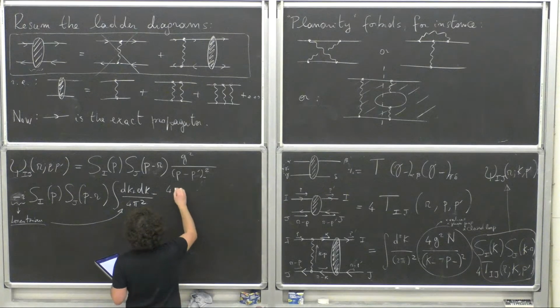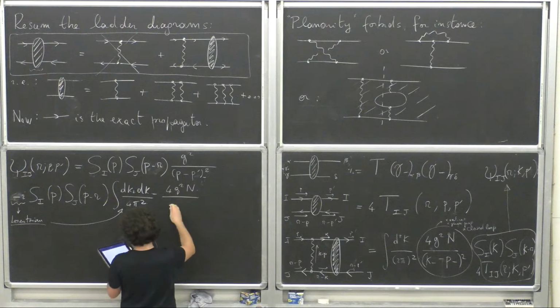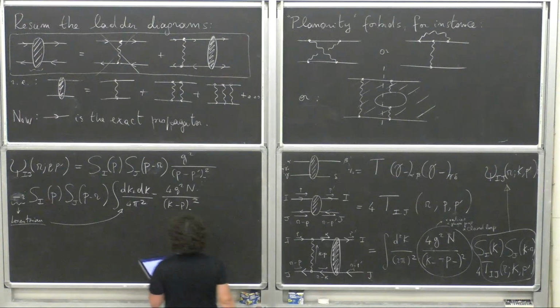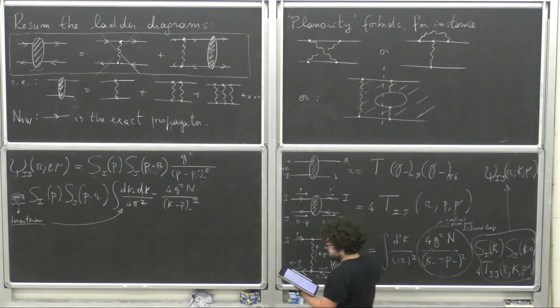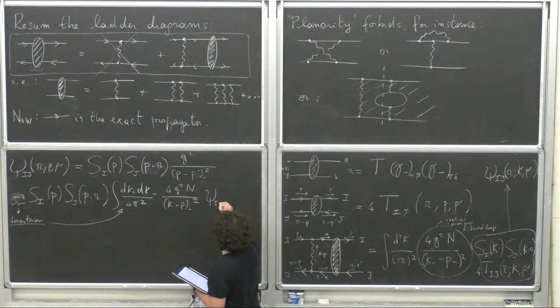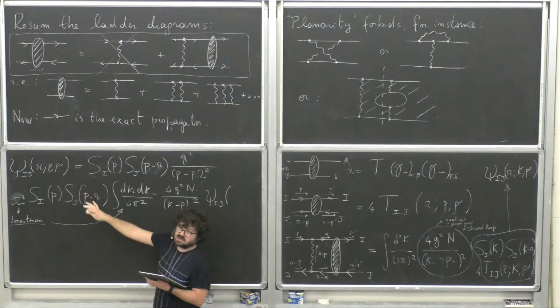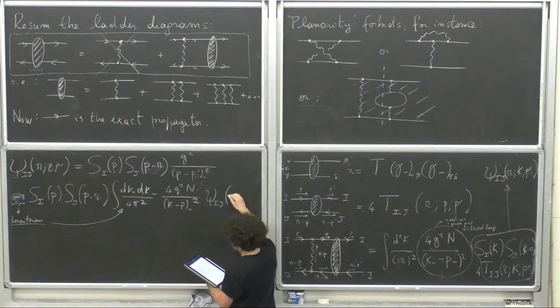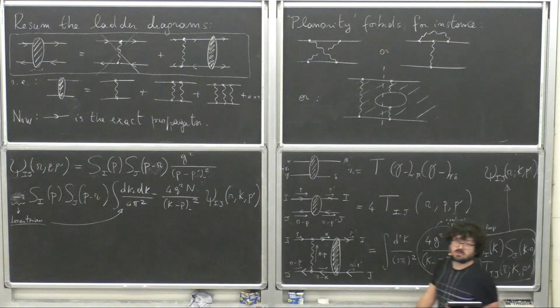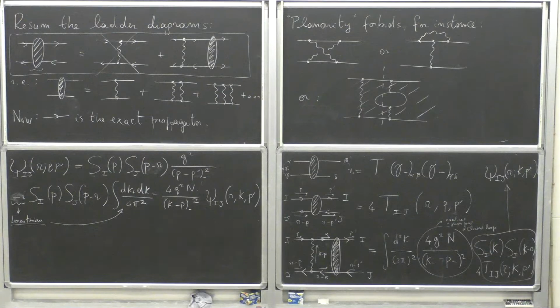And then we have 4g squared N over k minus p minus squared times psi ij. Okay, so with this trick we just put the S outside. That's all we did. Nothing special so far. So questions until now? Sorry, bear with me. Now it's going to be a little bit of a calculation, but yes?